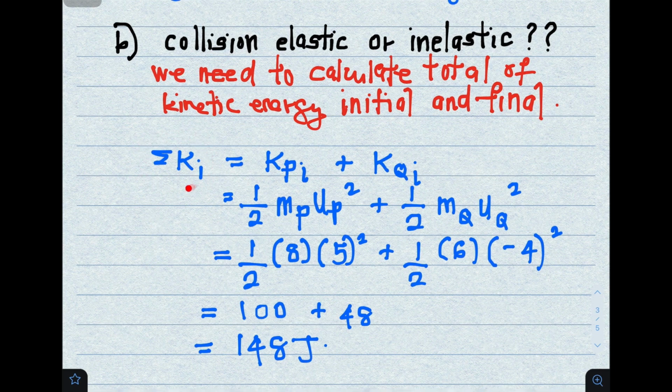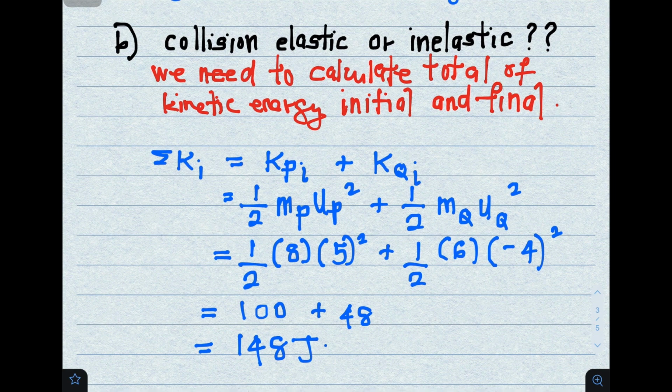This is the total kinetic energy for the object P and Q before they collide. So we have the kinetic energy initial for object P plus the kinetic energy initial for object Q.